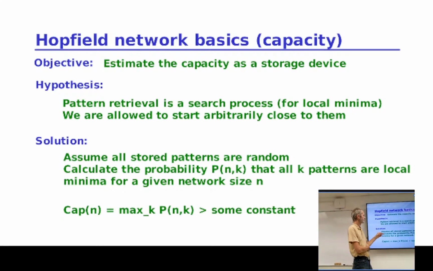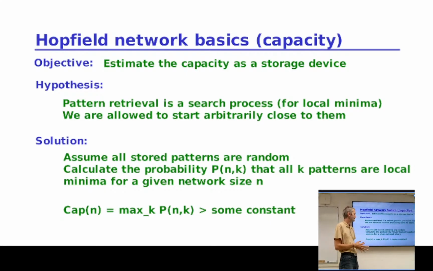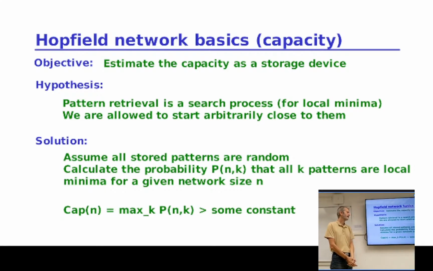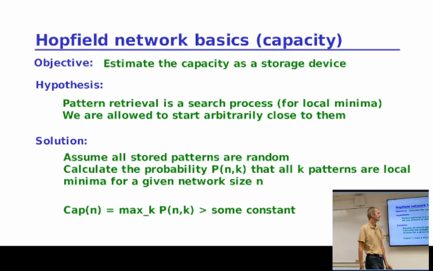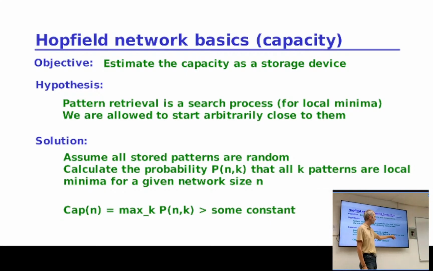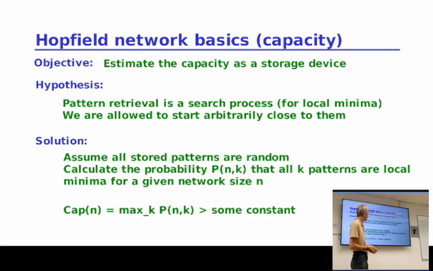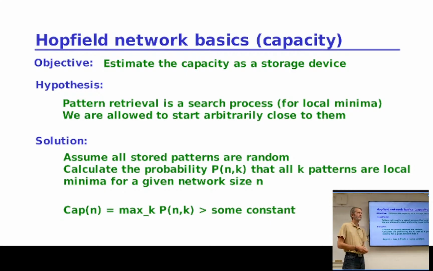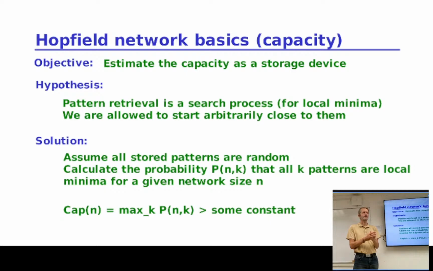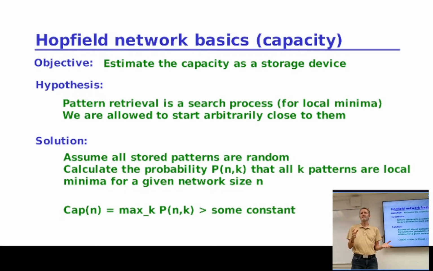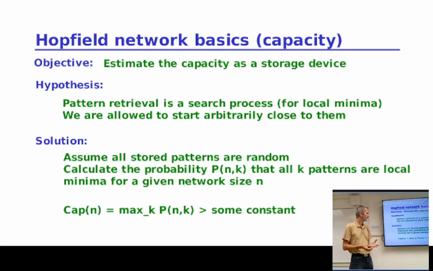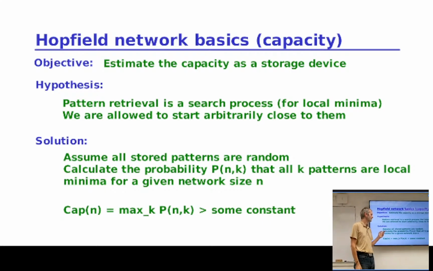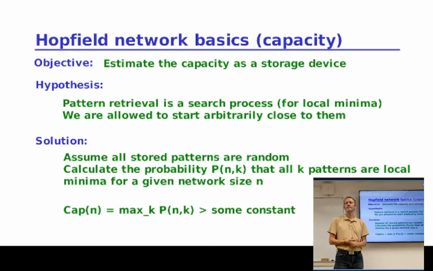And then, if you assume that all stored patterns are random, you may calculate the probability that all k patterns are local minima for a given network size n. Right? So, say you have k patterns of size n. You construct your Hopfield matrix, and then you calculate the probability that all of these k patterns are local minima.